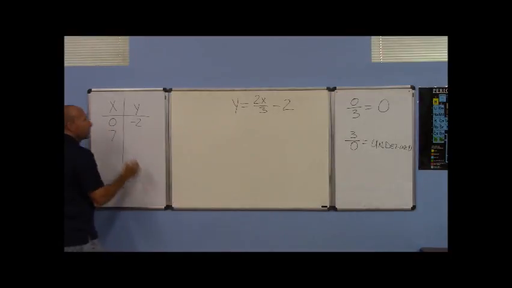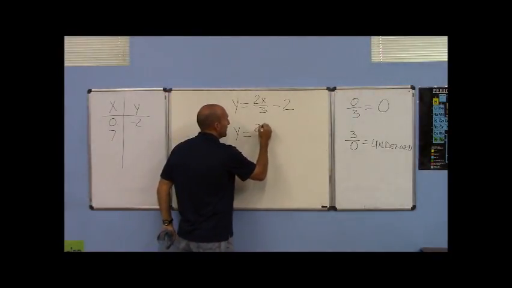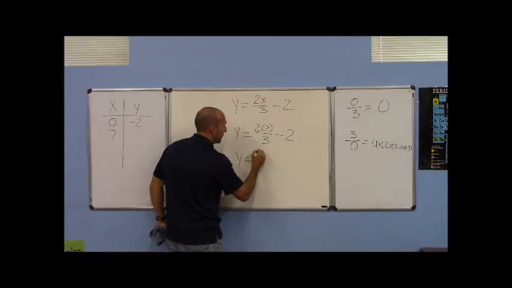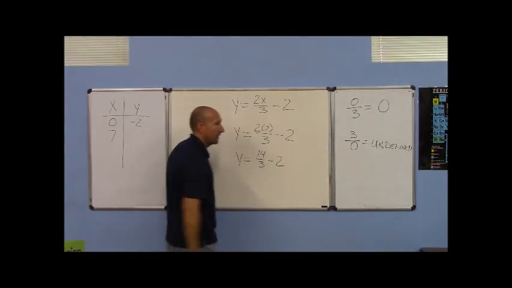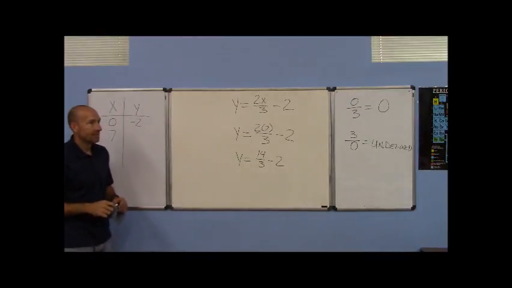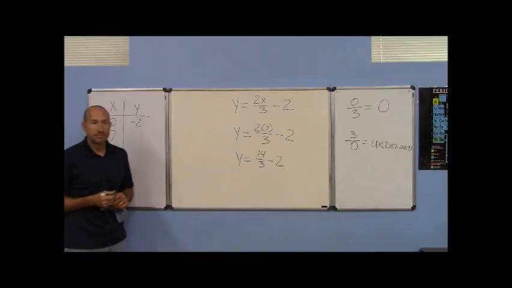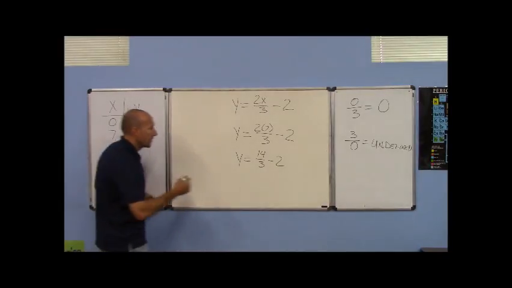X equals 7. So here we have y, because we're going to learn a lesson from this one. y equals 2 times 7 divided by 3 minus 2. So y equals 14 over 3 minus 2. So what now? What does y equal? Well, we have to find a common denominator for both of them now.